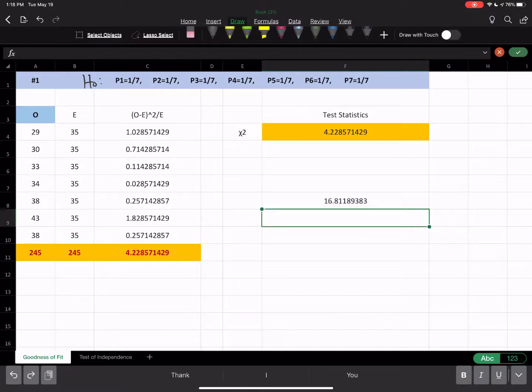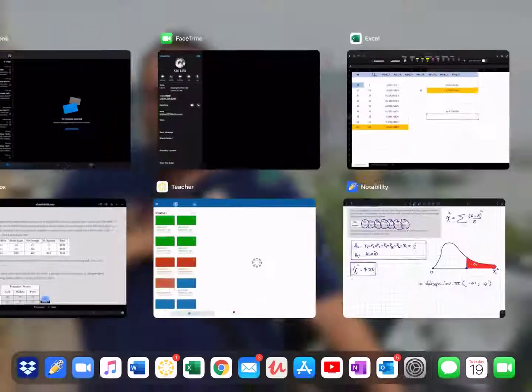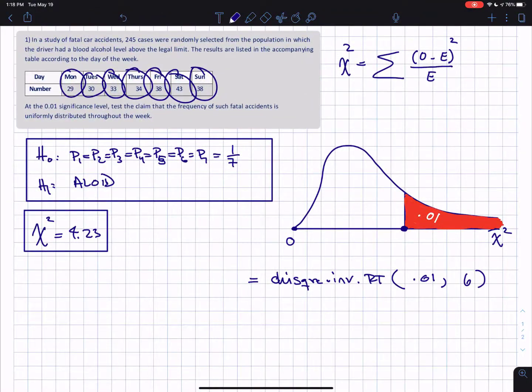So your critical value is 16.812. And that means that's where your rejection region starts from. Okay, so let's go back to our notability. Alright, so your rejection region starts from 16.812. So that's going to be the critical value that starts your rejection region.